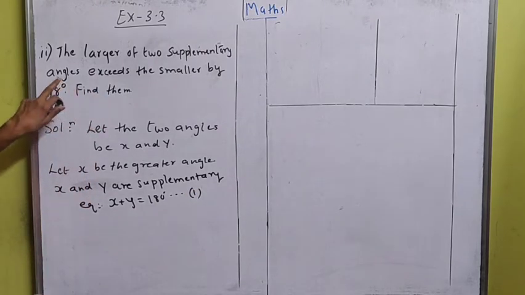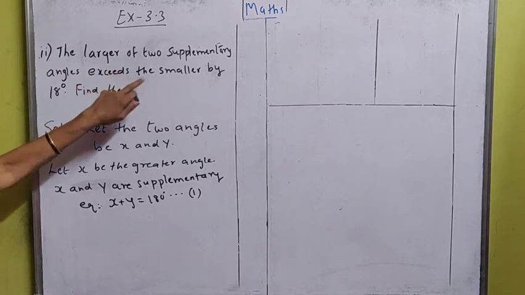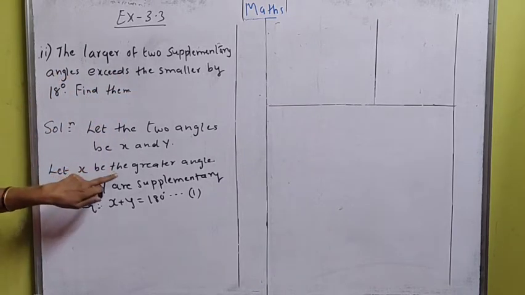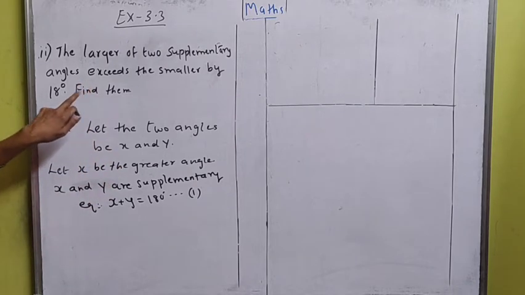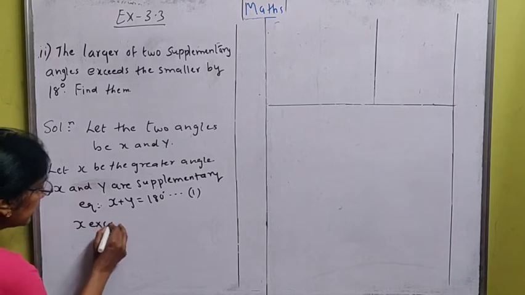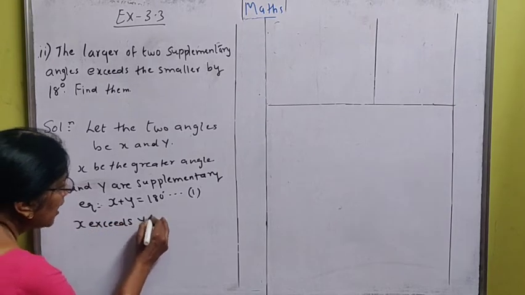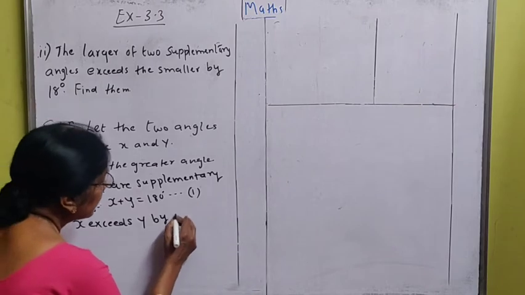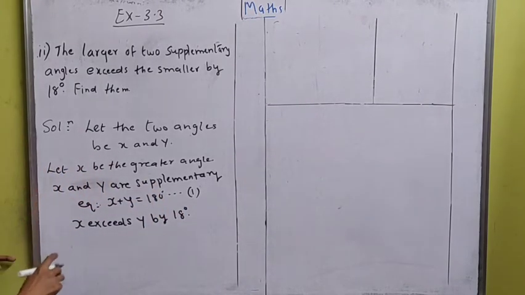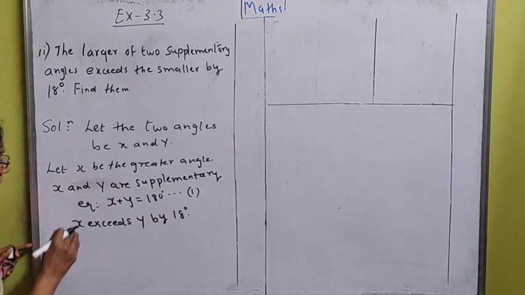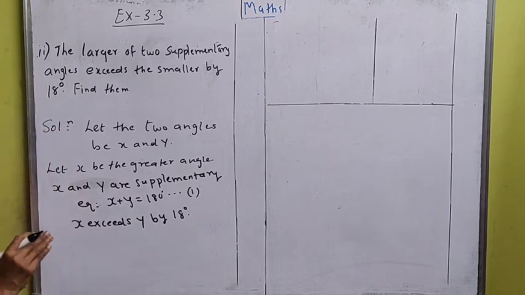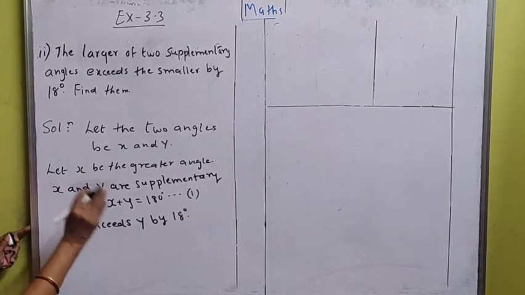Then what is said over here? The larger exceeds the smaller, meaning the larger angle x exceeds y by 18 degrees.